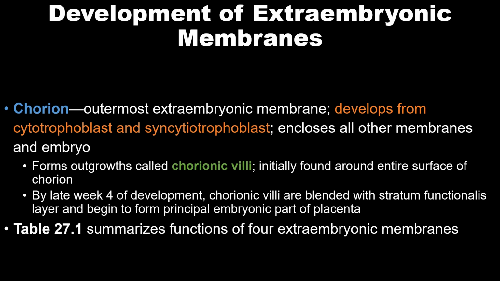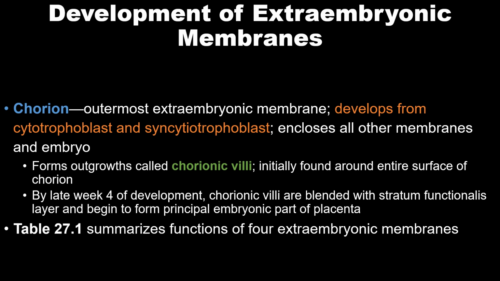As the chorion develops, it forms outgrowths called chorionic villi, which are initially found around the entire surface of the chorion. But as the pregnancy progresses, villi grow only in the direction of the stratum functionalis layer of the endometrium and do not continue to surround the other membranes.